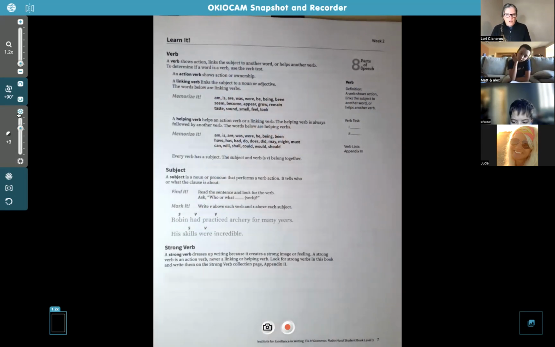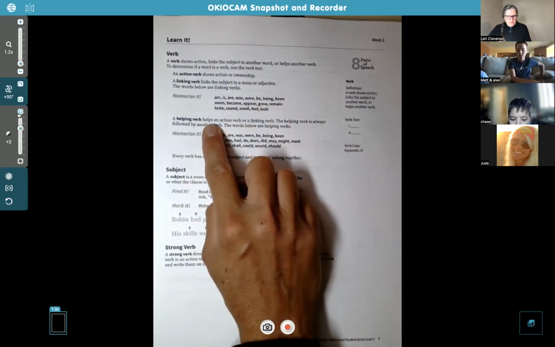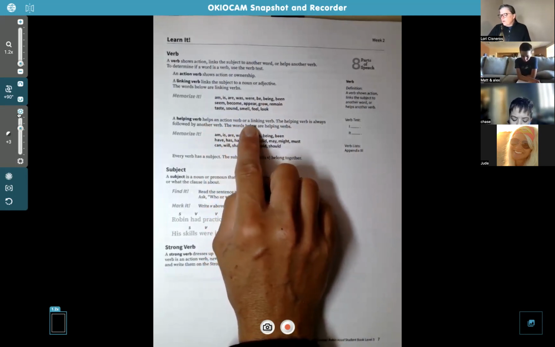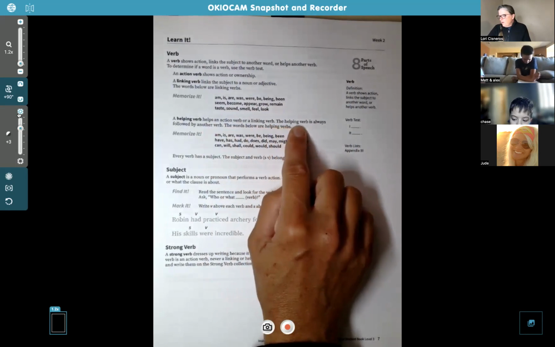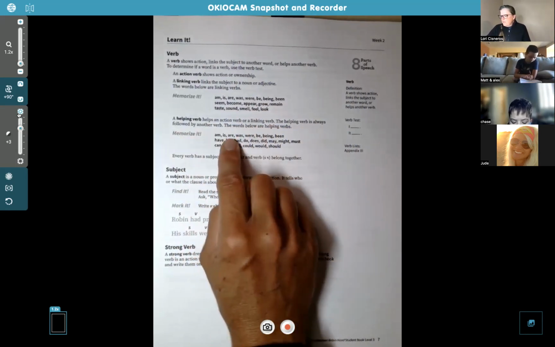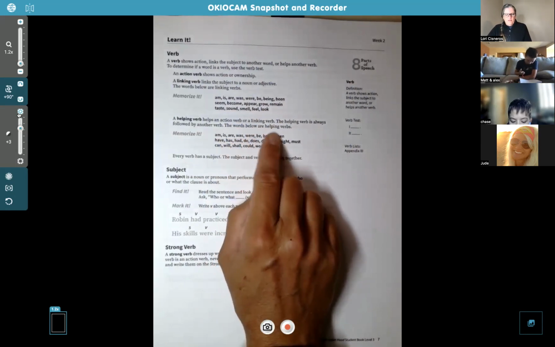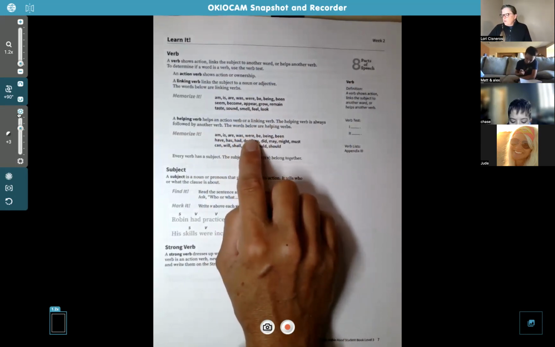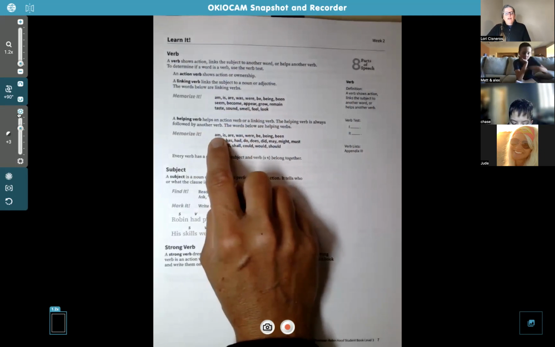Now, a helping verb is a little bit different. It helps, so it's kind of handy that they named it a helping verb because it does do that. It helps an action verb or a linking verb. The helping verb is always followed by another verb. So here, like, was running down the street, or they were going to the party, or I am helping my dad, something like that.